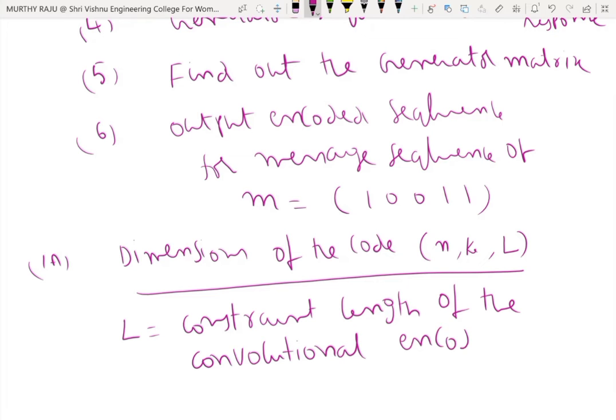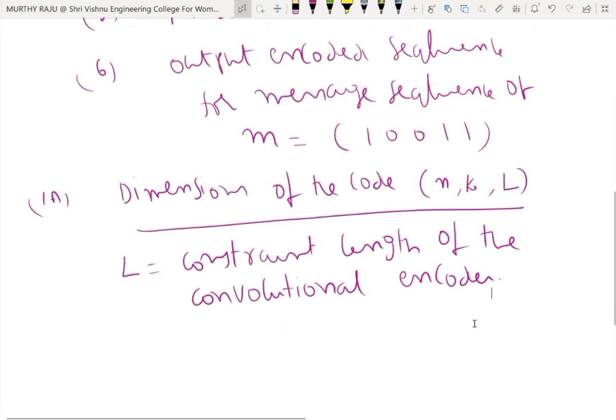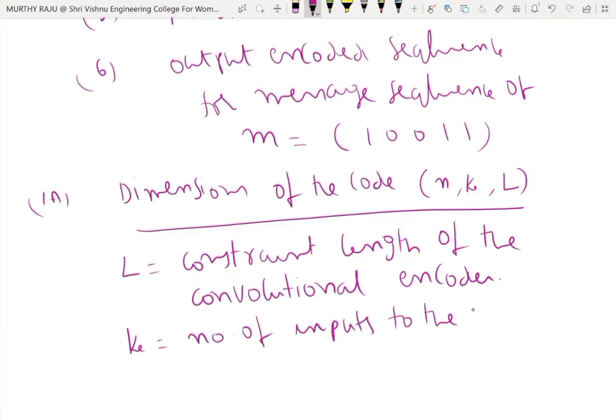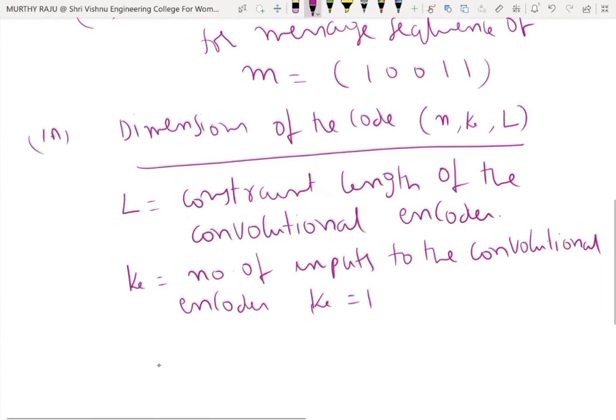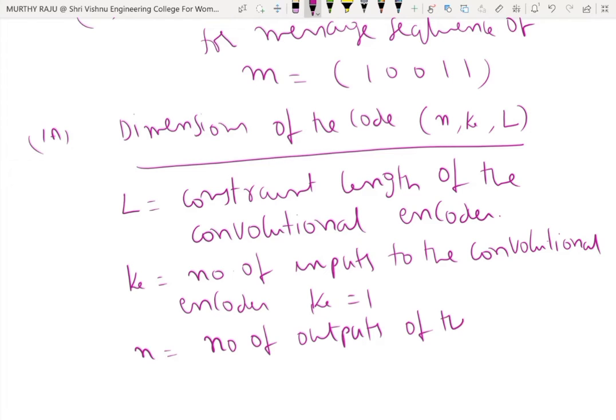Small k is the number of inputs to the convolutional encoder, usually small k is equal to 1. Small n is the number of outputs of the convolutional encoder.